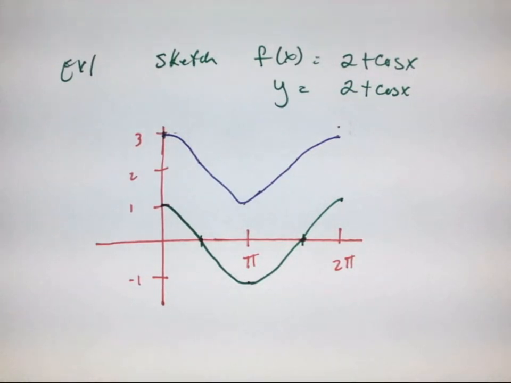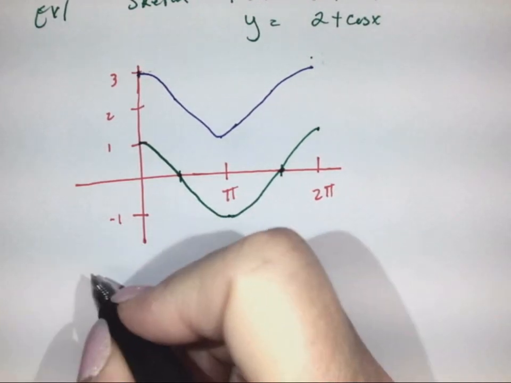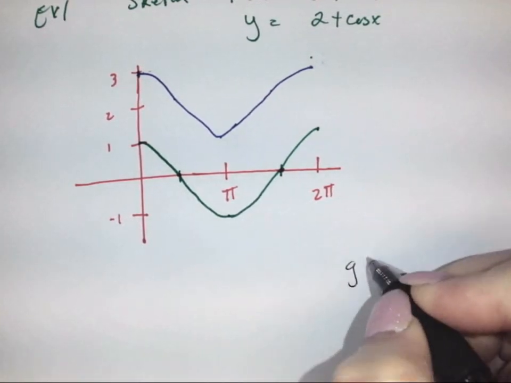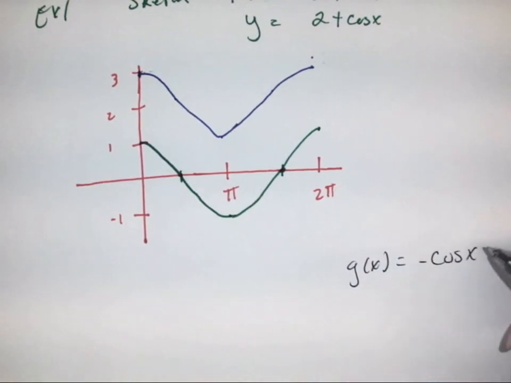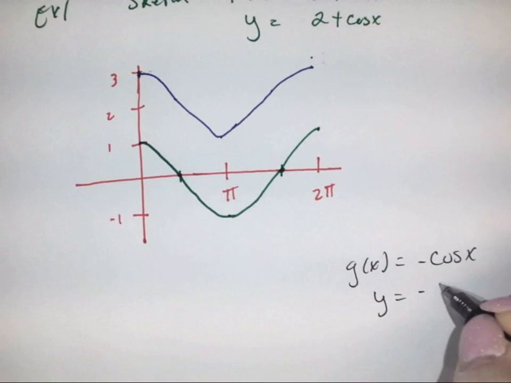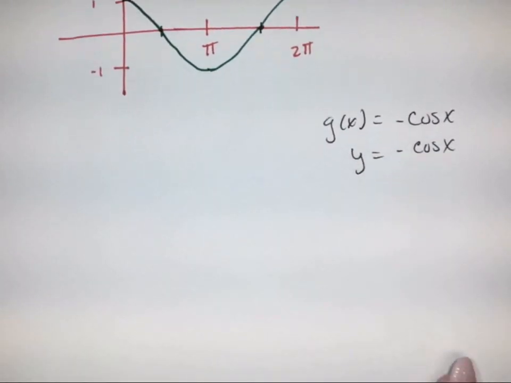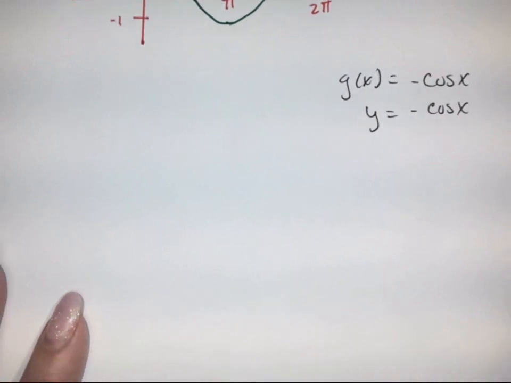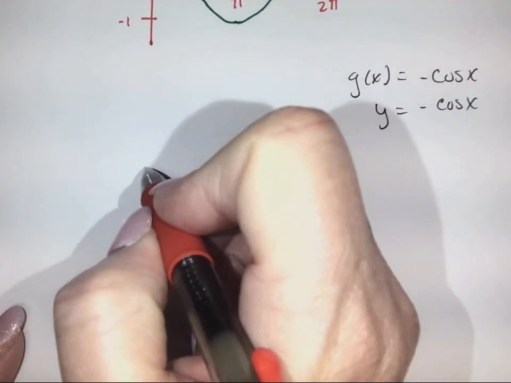All right, let's go do another one. So if we have g of x equal to the negative of cosine of x, which is the same thing as y equals that, we have a reflection graph here. Alrighty, so let's go graph.